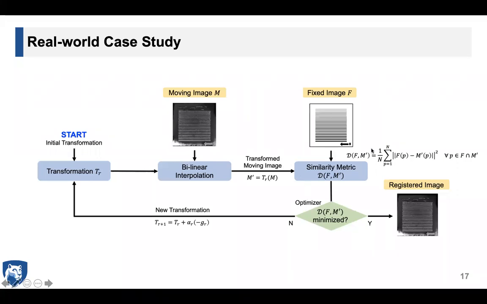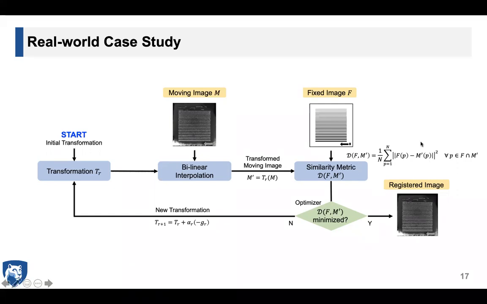It is aimed at evaluating the accuracy of image registration, and it takes both the fixed image F and the moving image M prime after transformation, and then returns a value that measures the similarity between the 2 images. Here the D stands for the mean square differences, and this D is used to define the similarity metric between the fixed image and the transformed image.